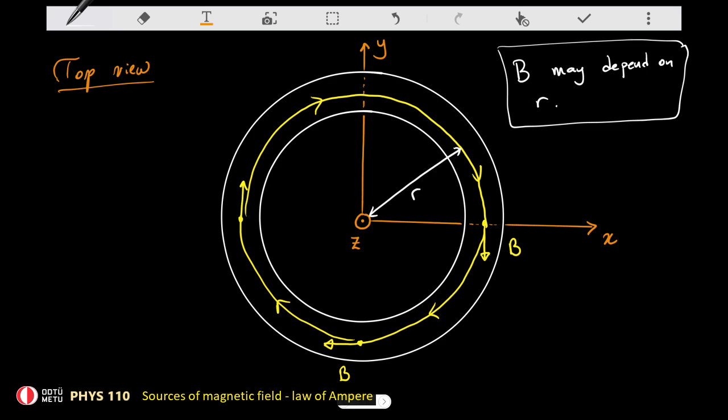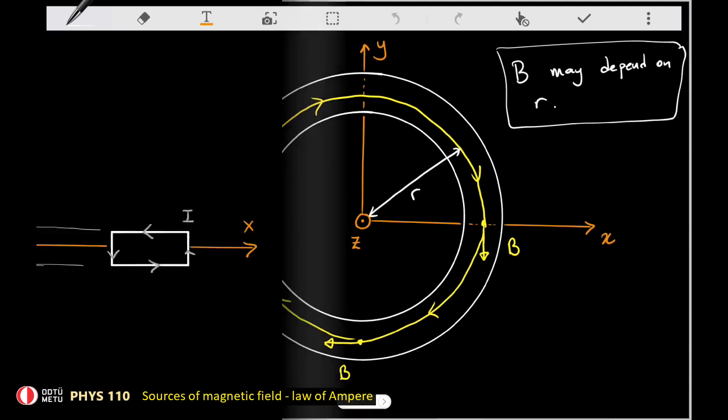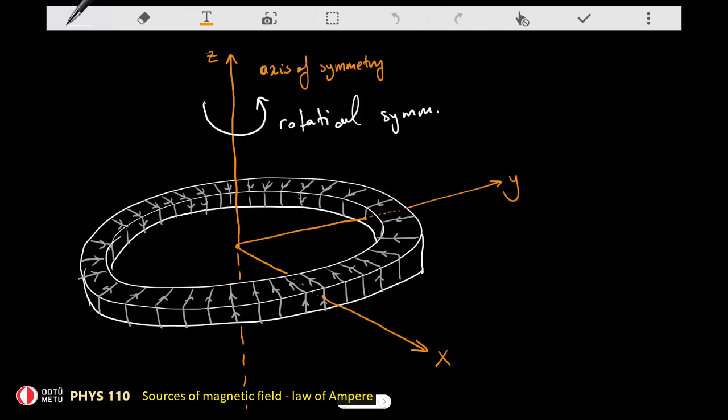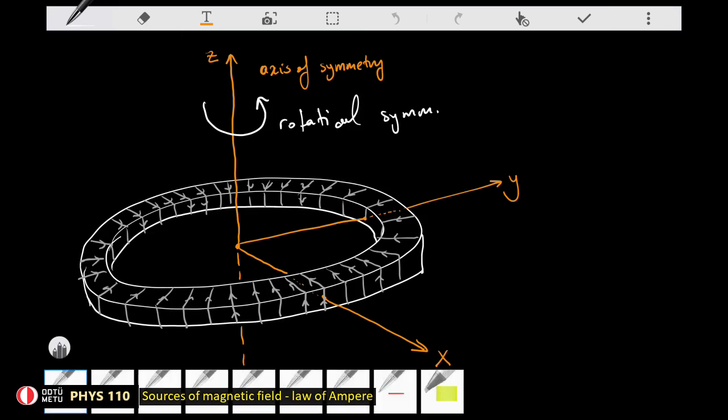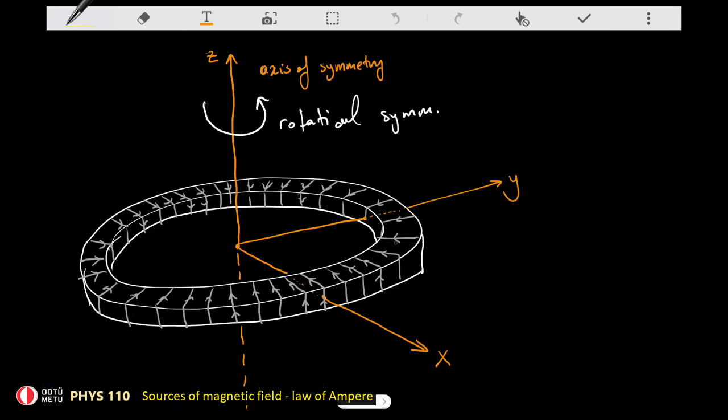Now, it is actually kind of obvious how we should choose the Amperian loops in here. They should coincide with these magnetic field lines so that when I do an integration, we get a very simple integral. But let's draw these field lines also in here. I can imagine them to be inside as well as outside.